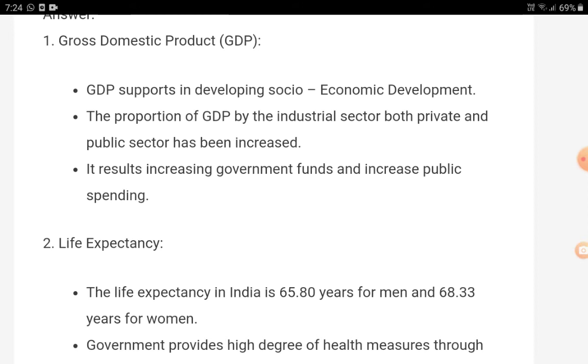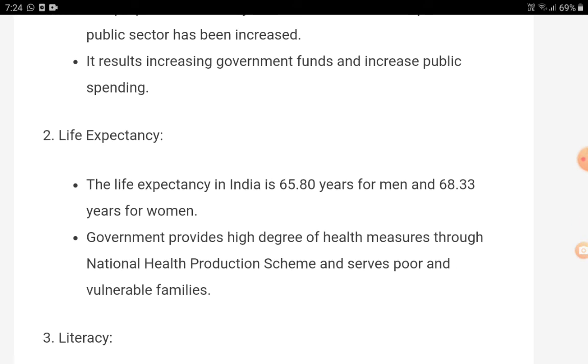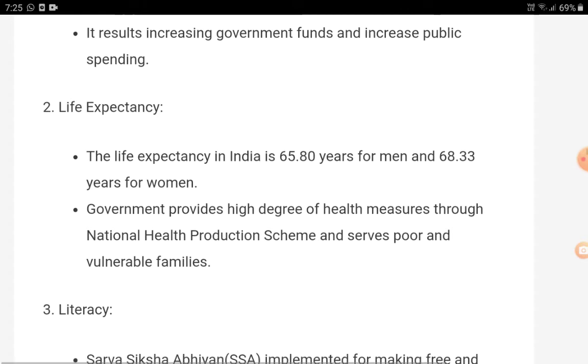Second one, life expectancy. The life expectancy in India is 65.80 years for men and 68.33 years for women. Government provides a high degree of health measures through the National Health Protection Scheme and serves poor and vulnerable families. Third, literacy.